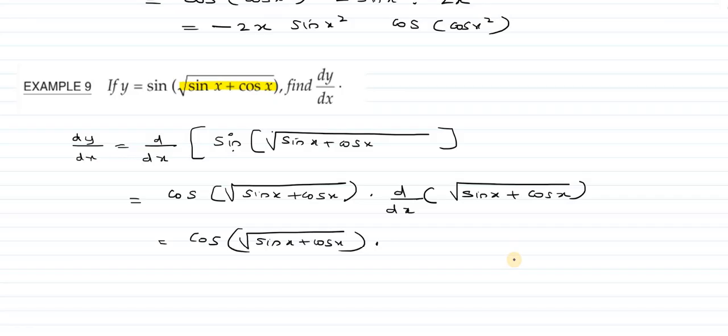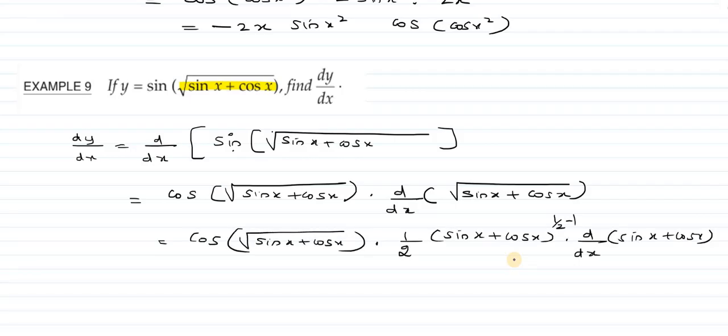Even though it is a composite sin x plus cos x, above that a power is there, half. So first the power I have to differentiate. Sin x plus cos x is the function, half minus 1. Then the function I have to differentiate, sin x plus cos x.